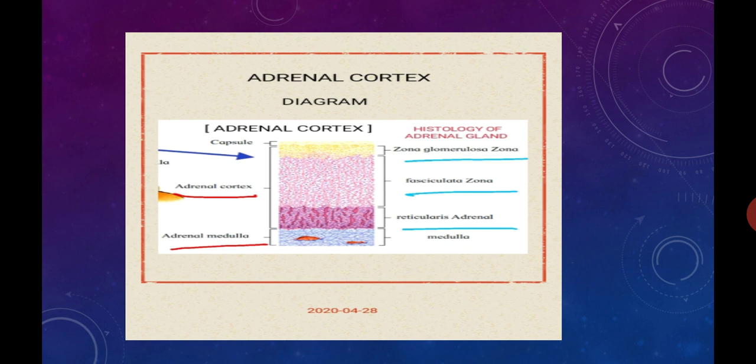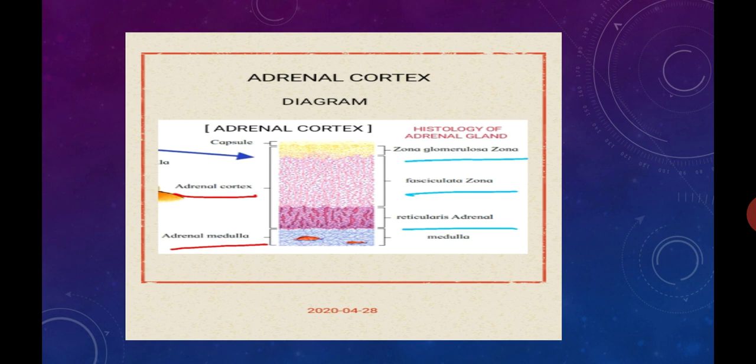It secretes many hormones. All these hormones together are called corticoids. So corticoids are the hormones which are secreted by the adrenal cortex.